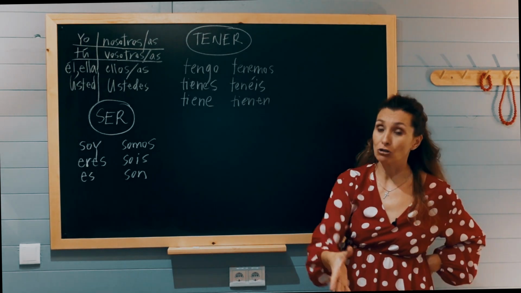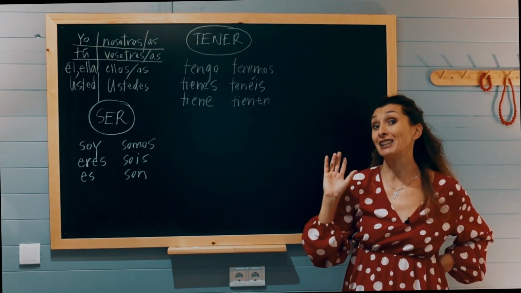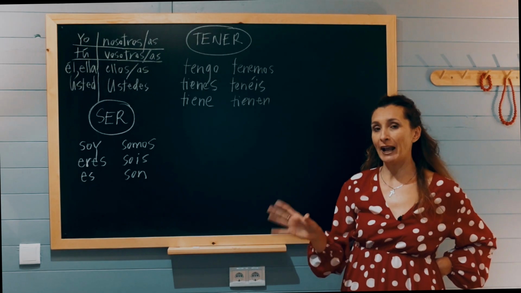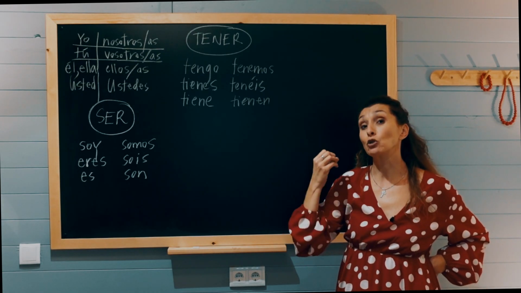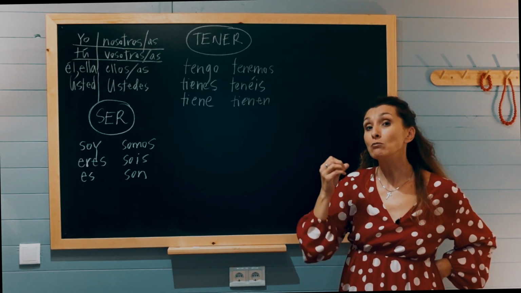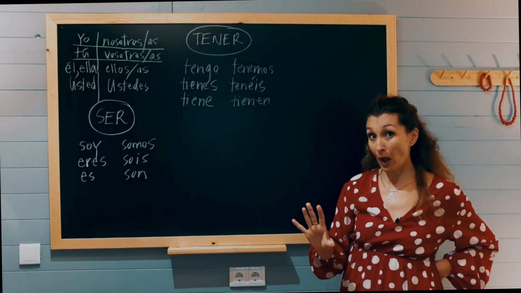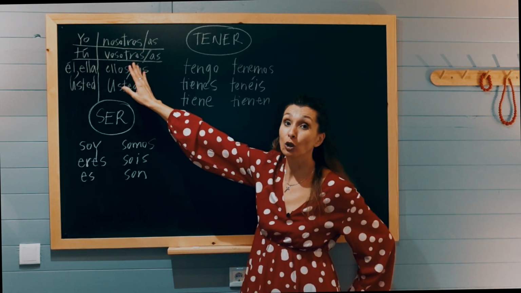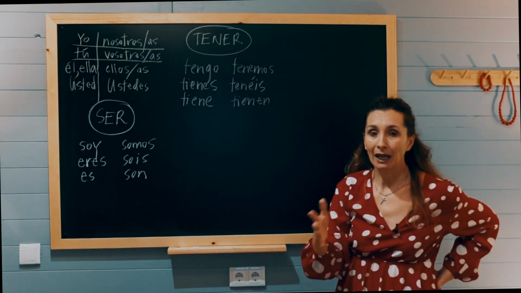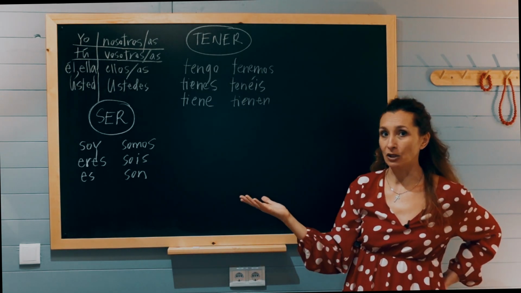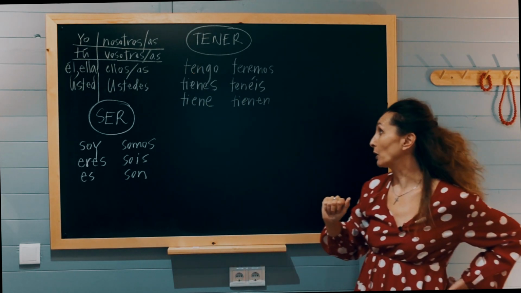In Spanish, you have the luxury of not having to use them, and in fact, you shouldn't use them, okay? Most of the time, you can get away without using them, and it's not getting away. It actually sounds more Spanish if you don't use these pronouns, okay?